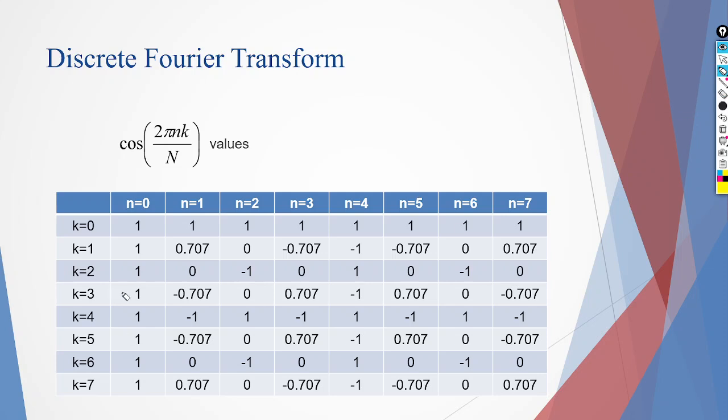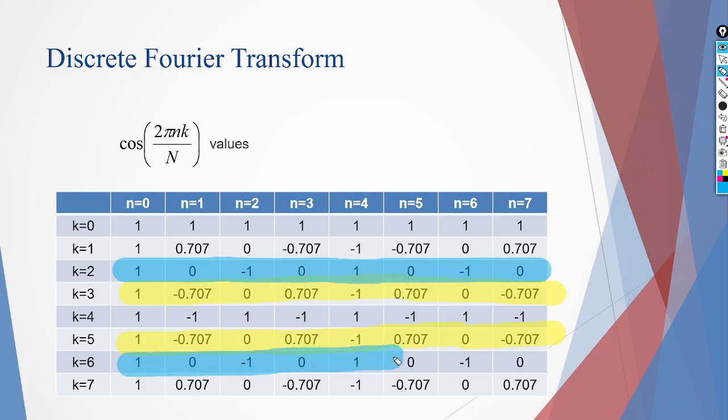Let's say, for example, this k equal 3 and k equal 5. See how these cosines are exactly the same. Just like also k equal 2 is exactly the same as k equals 6.